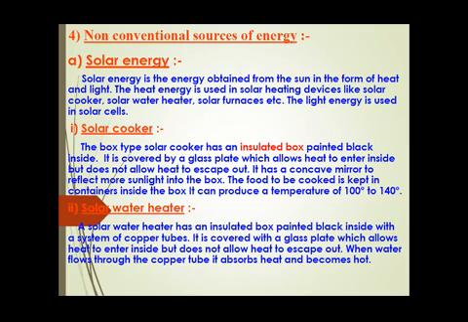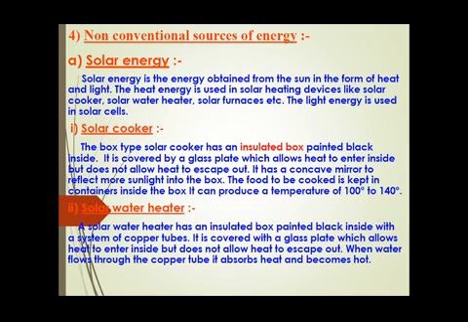I think it is very clear now. Many questions are asked from this particular solar cooker. Explain how the working of the solar cooker goes on. With the help of a diagram, show the setup of the solar cooker. Why is the solar cooker painted black from inside? What is the use of the glass plate?